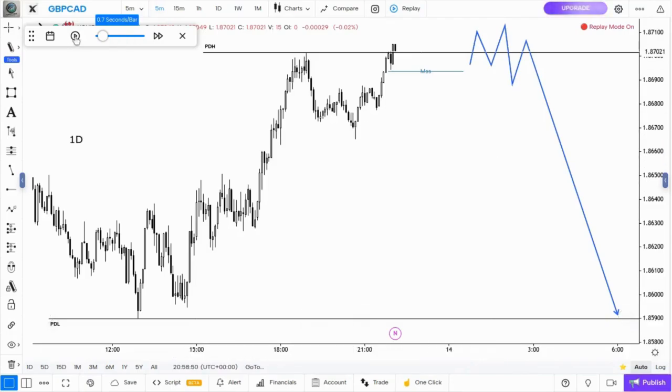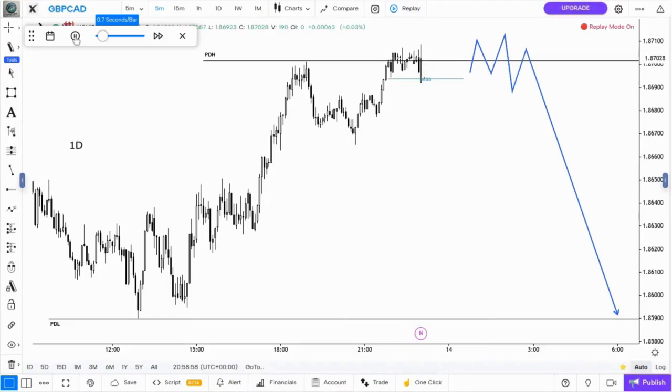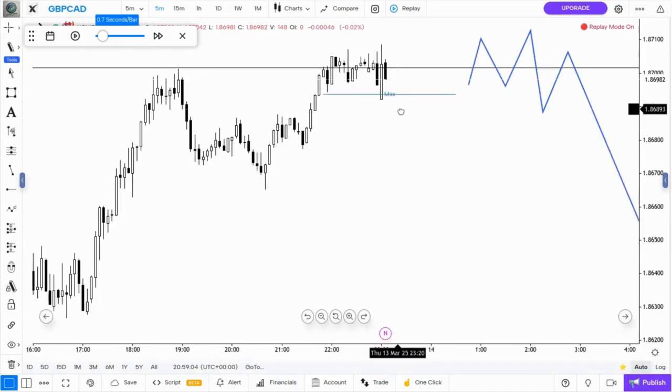So let's play this out. As you guys can see, the candle swept below this demand zone and closed below.